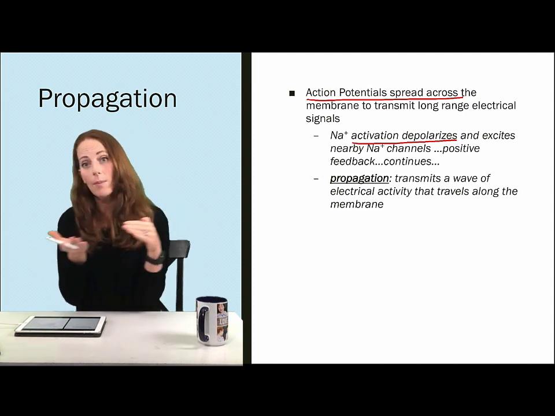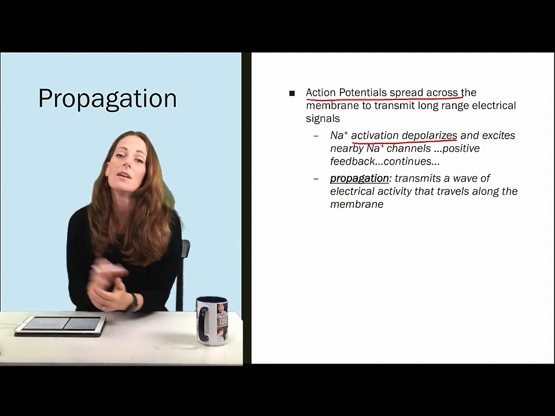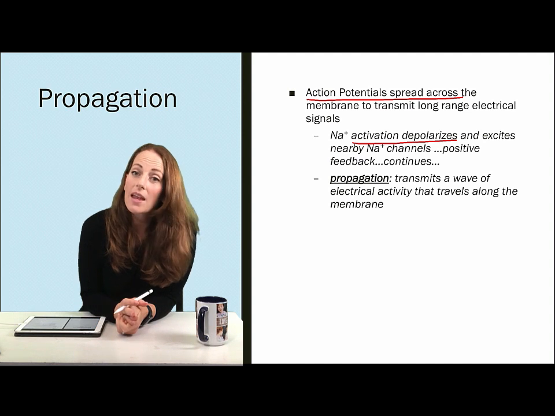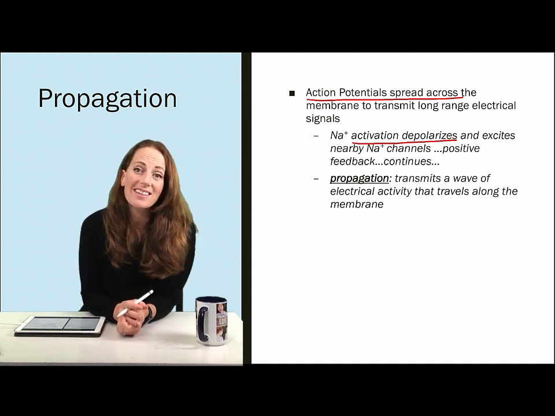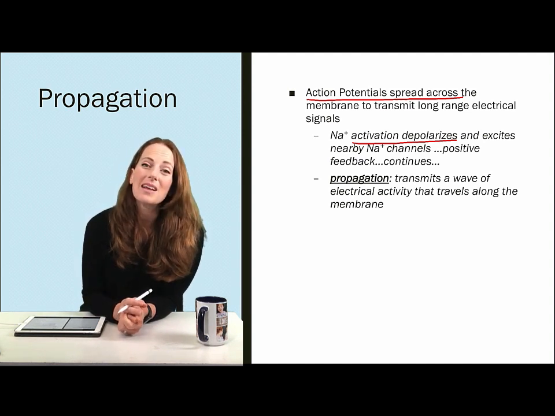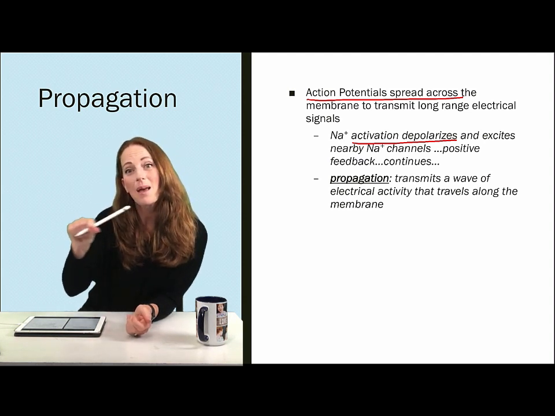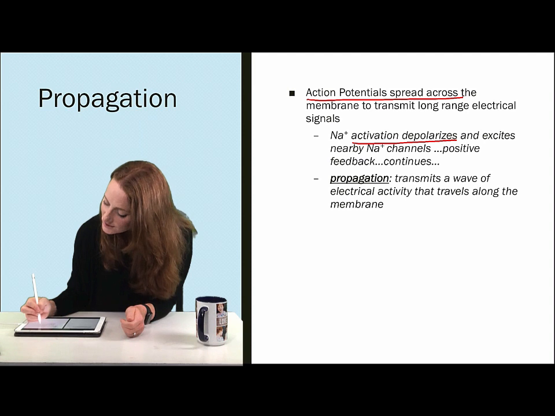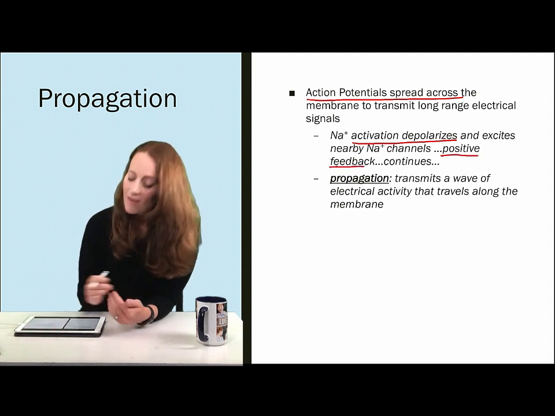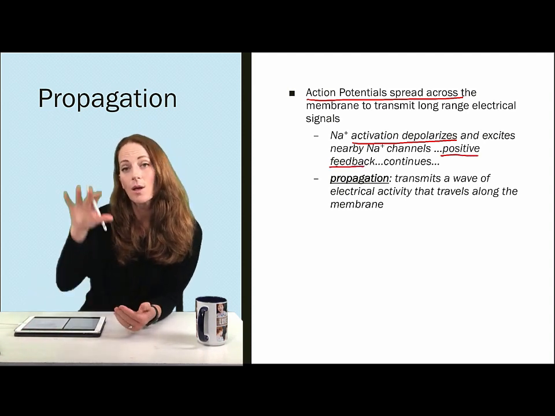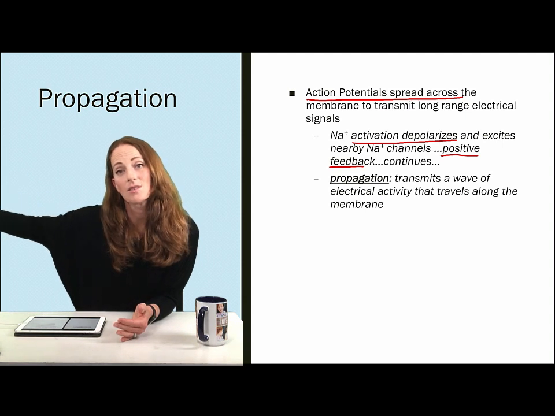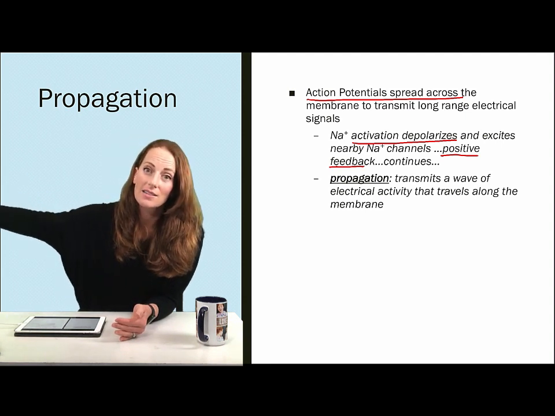That causes the propagation of the action potential down the axon, and it occurs in a one-way direction. They can't go backwards because of the inactivation of the sodium channels behind them. So this is a positive feedback loop that continues propagating the action potential down to the axon terminal.